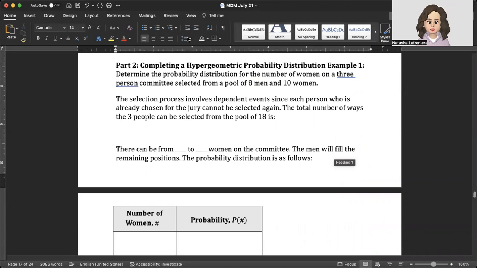The selection process involves dependent events, since each person who is already chosen cannot be selected again. So the total number of ways the 3 people can be selected from the pool of 18 is C(18,3), which gives us 816.